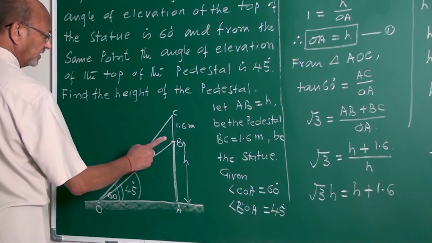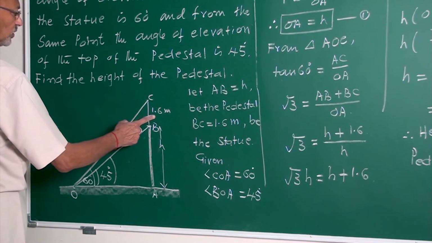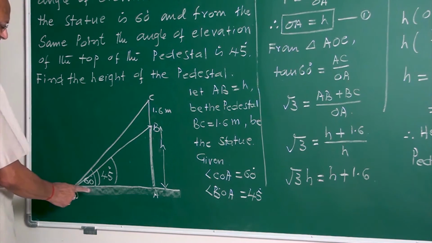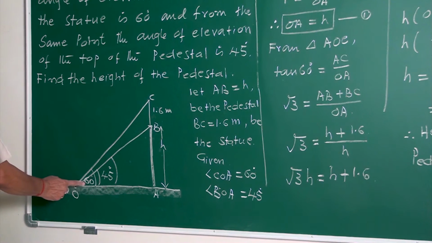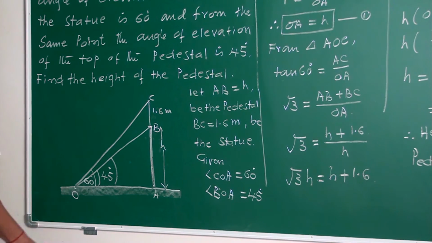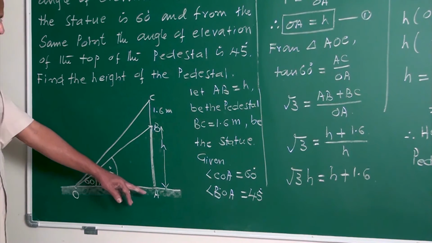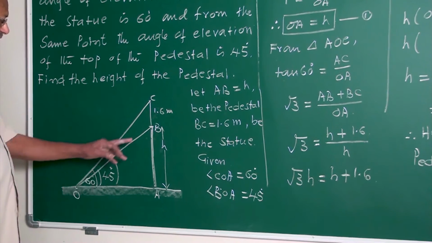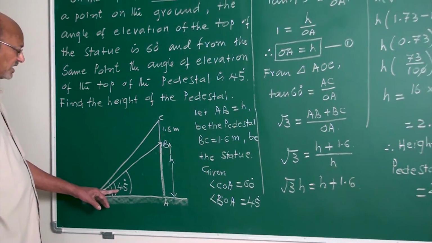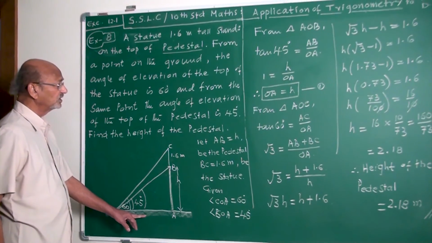Let AB equal to H be the height of the pedestal. BC equal to 1.6 be the height of the statue. These are the angles of elevation, one is 60, another is 45 degrees. From triangle AOB, tan 45 is opposite H upon OA.